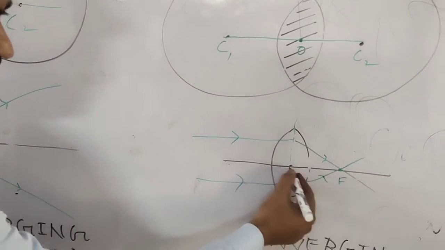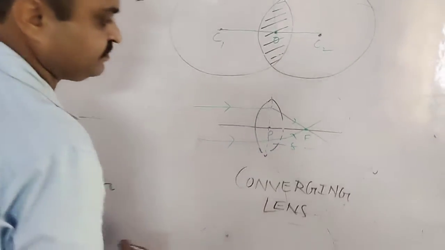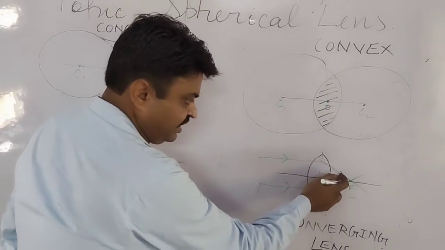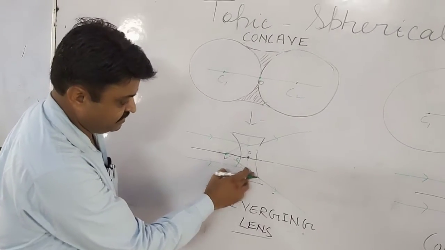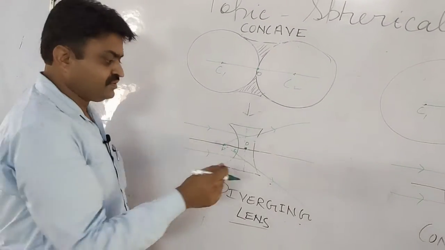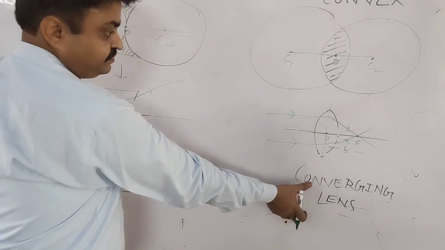Now the distance between O and F is known as the focal length. Here the light is converging, and here the light is diverging. So this is a diverging lens, and this is a converging lens.